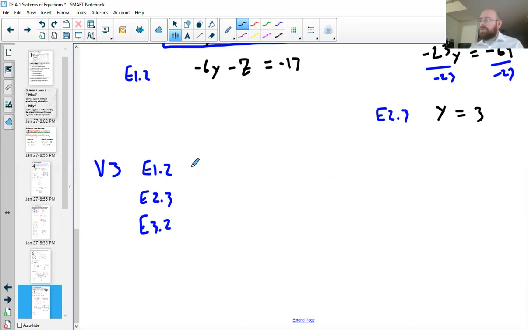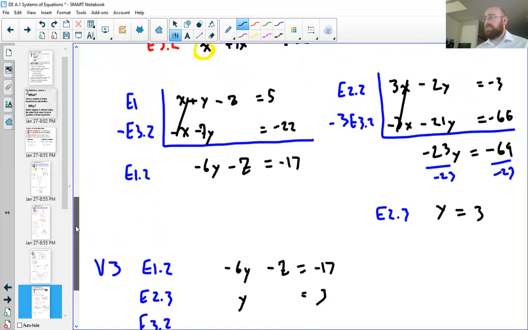So 1.2 is negative 6y, and I'm forgetting something. I need to leave some space for my x term. So I have negative 6y minus z is equal to negative 17. Equation 2.3 is just y equals 3.